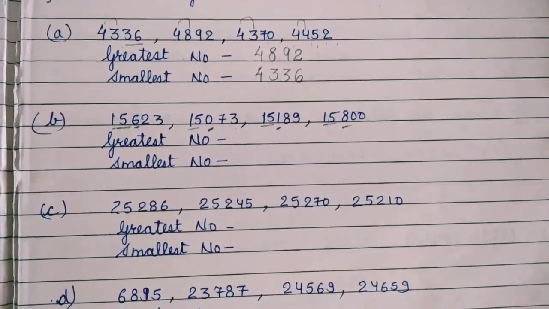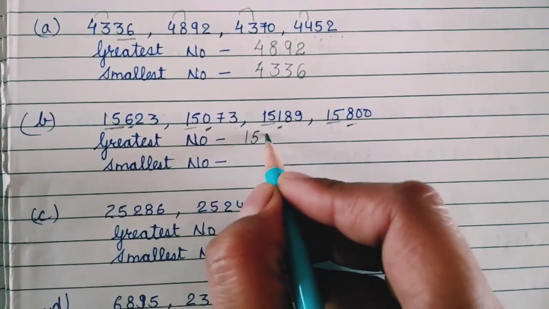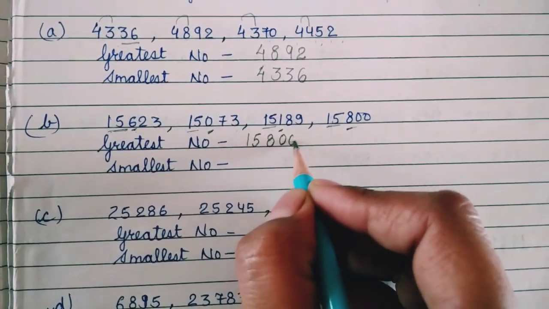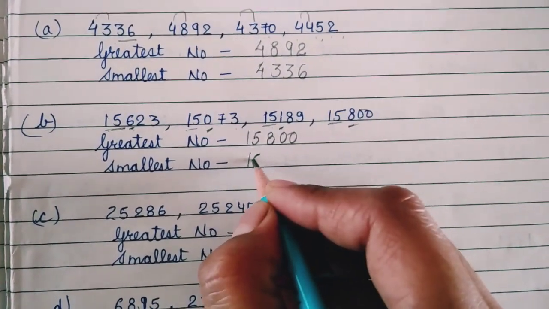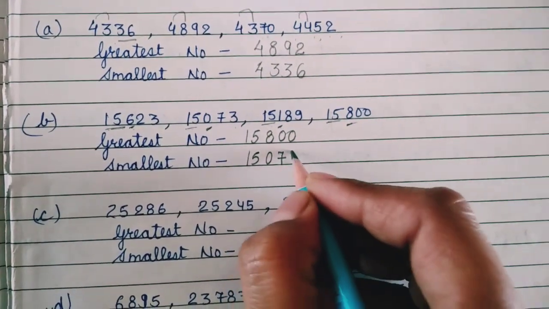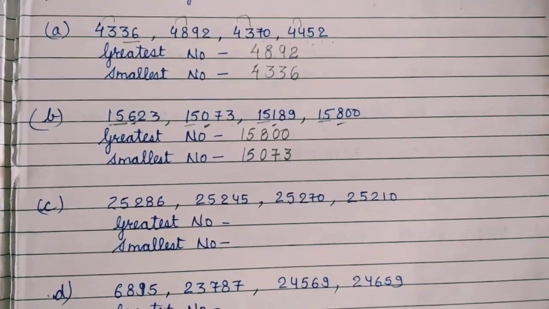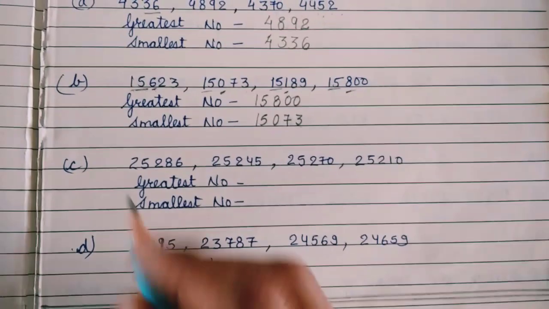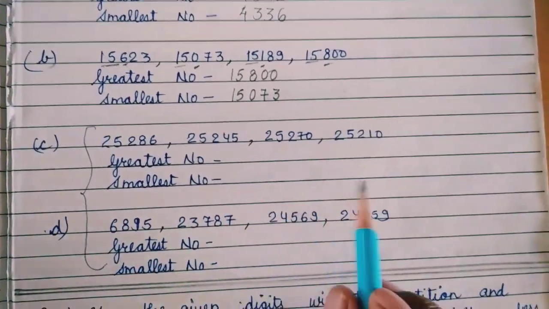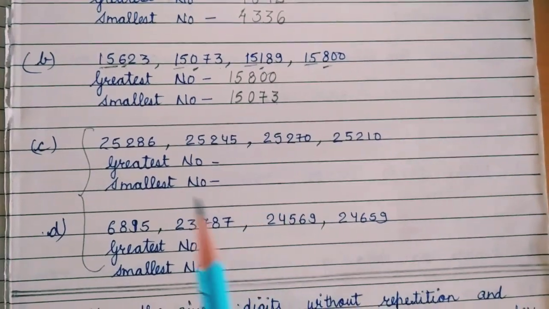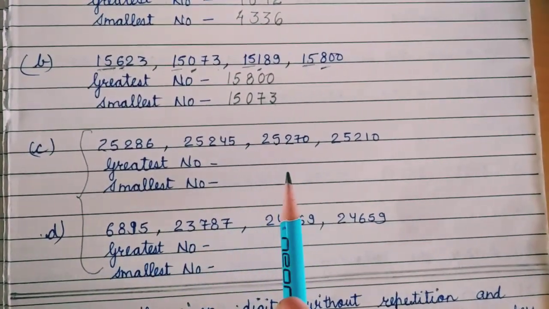It means without any confusion we can say our 15800 is the greatest number and 15073 is the smallest number. Okay. Now these two try to yourself. Simply search the digits and from the left hand side you can simply compare. Okay.